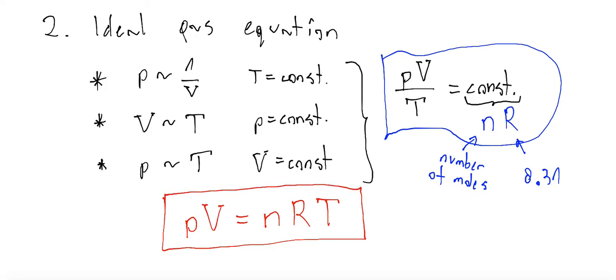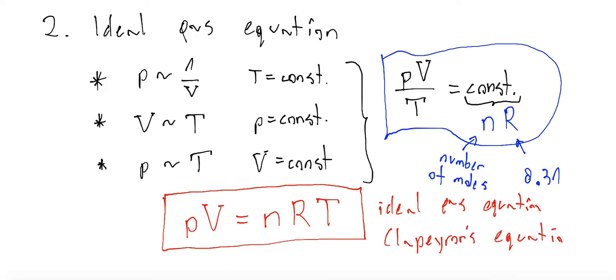And this equation, PV equals nRT, is known as the ideal gas equation, or Clapeyron equation. Okay, please copy this. When you are ready, I'm going to change the slide.